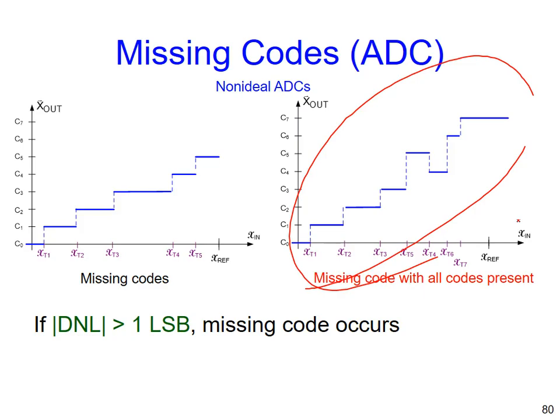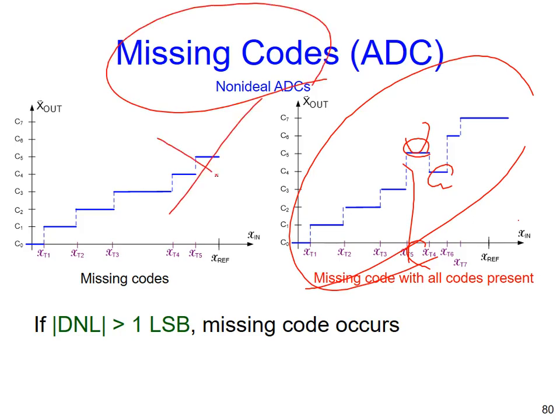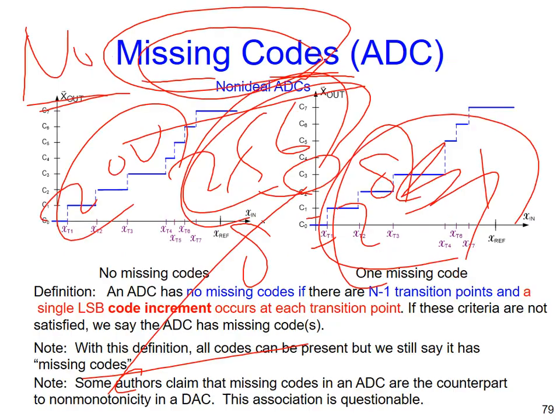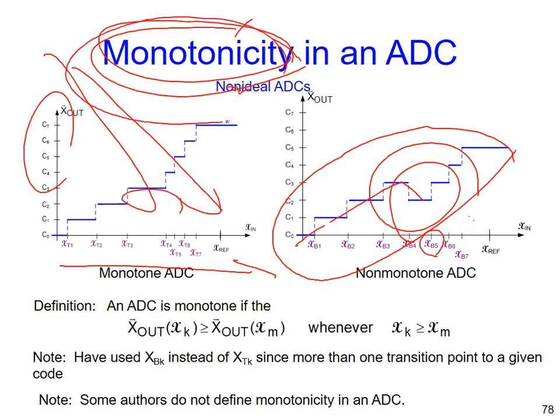But we are still really unhappy because you can see, oh, the smaller input gets a higher output code than the next. It doesn't make any sense, right? So right now, we change the definition for missing code. Not only do all the codes need to show up, but you also need to keep monotonicity. Got it?